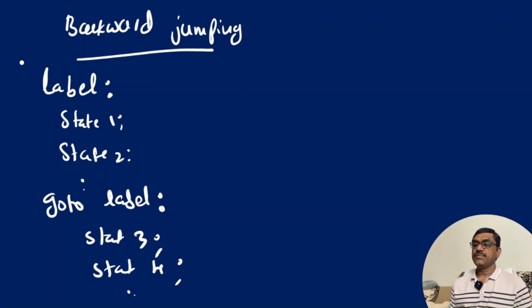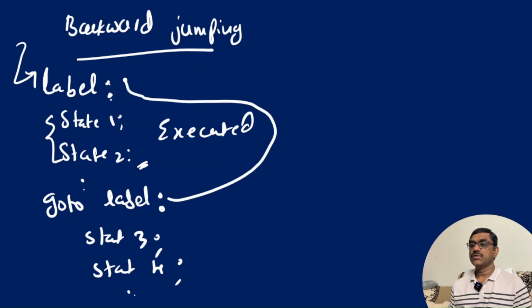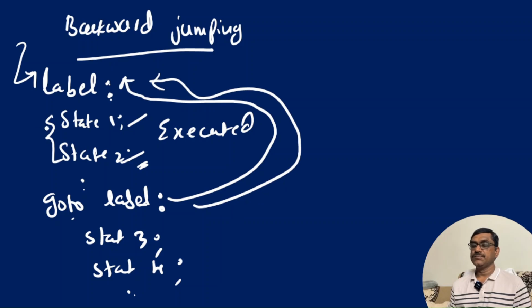So in this case, what happened? The control starts from here. First, we move to the label. Under this label, these two statements are there, and they are executed as usual. After executing these two statements, we move to the goto label. Then it directly jumps back to the label, and again, the second time, statement 1, statement 2 are executed. Again we say goto label, and the third time it again moves backward.